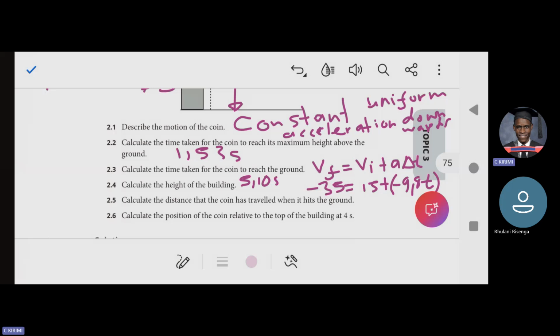Where is that coin? Calculate the position of the coin relative to the building at 4 seconds. It's negative 18.4 meters.